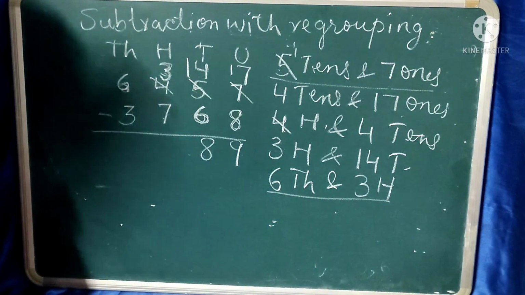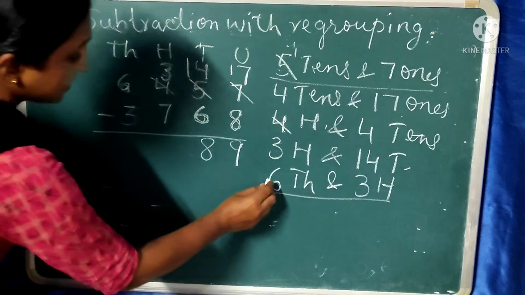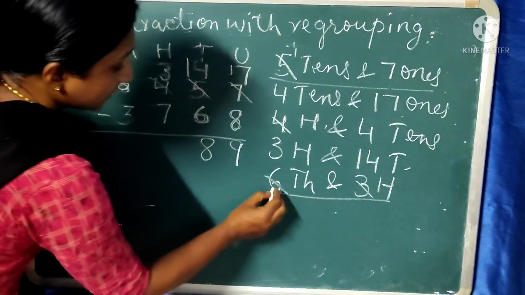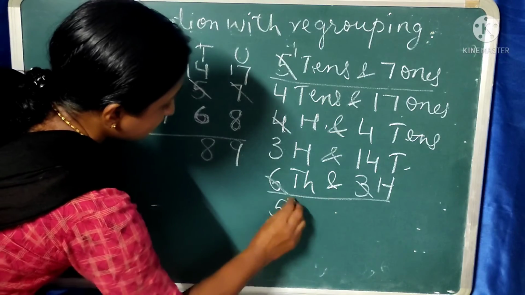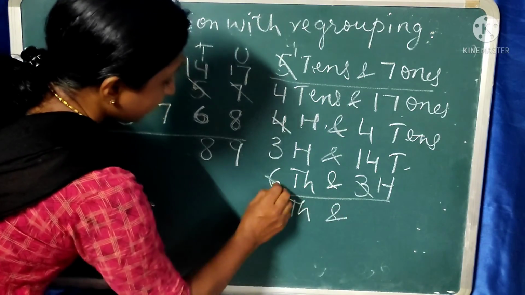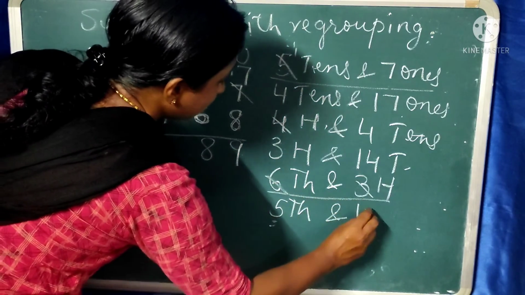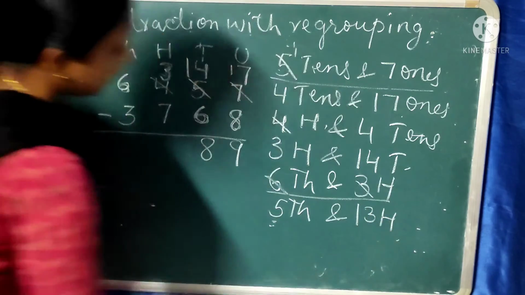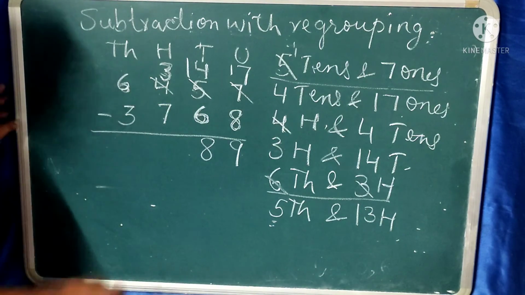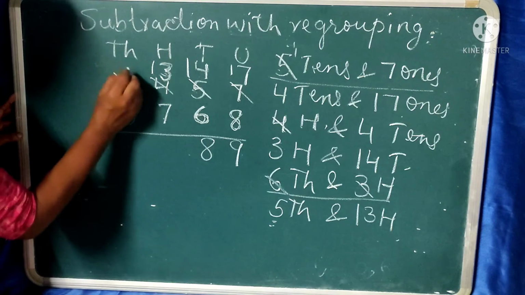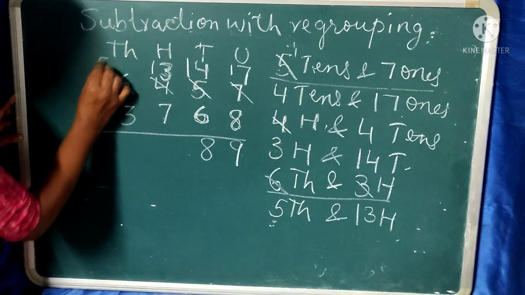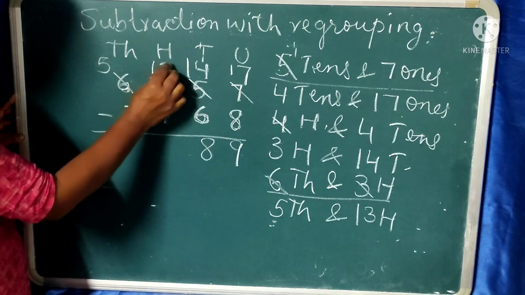When we regroup, 6,000 will become 5,000 and when we carry 1 here it will become 1,300. Now it will become 13 and this becomes 5,000. So now we can subtract.